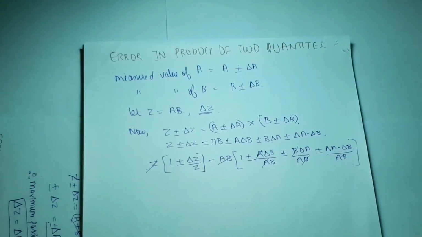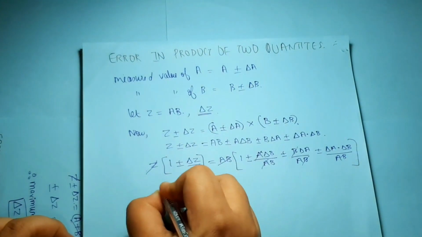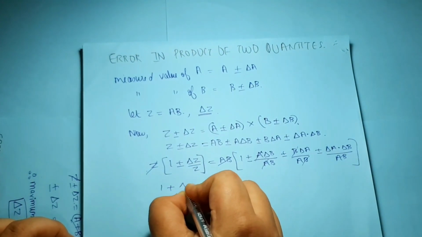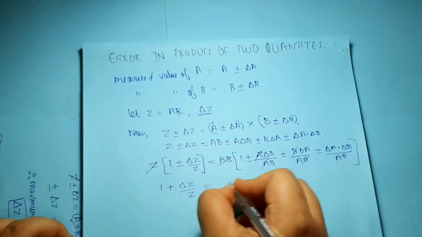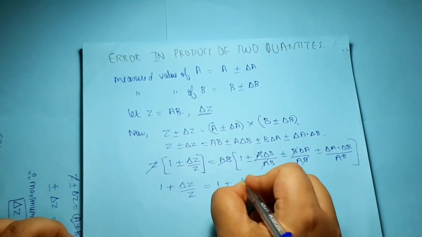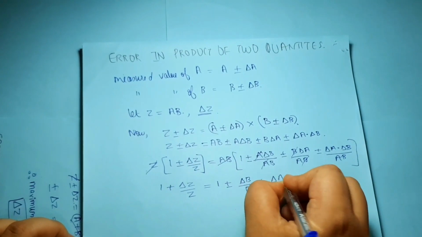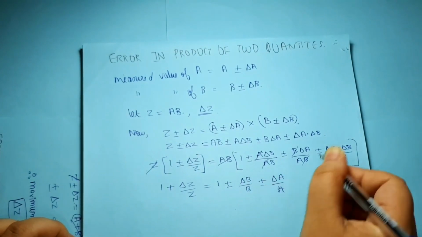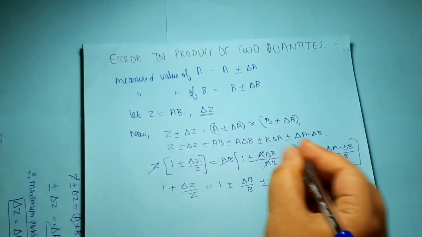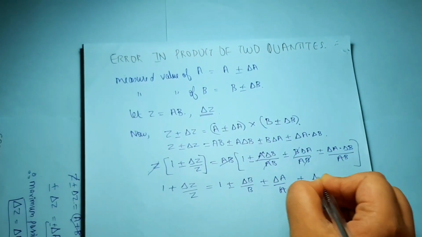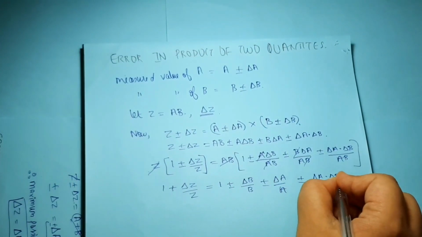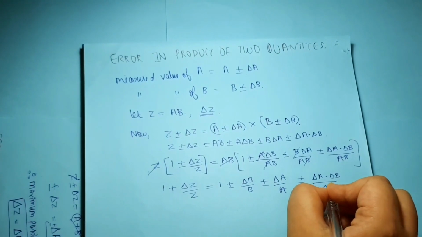Simple, yeah? So now we can have the answer as 1 plus delta Z by Z is equal to 1 plus or minus delta B by B plus or minus delta A by A. And now here we have plus and minus delta A into delta B. Okay.